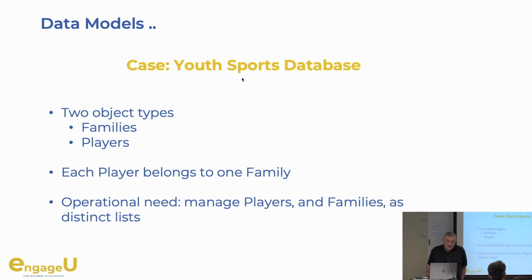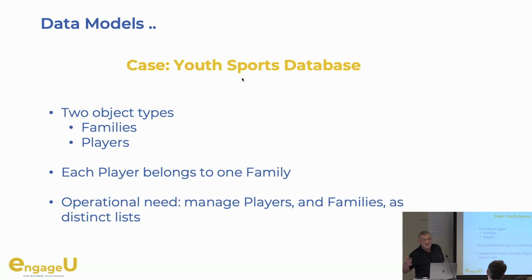And we have an operational need to manage players and families as distinct lists. You deal with players to enroll them one by one in programs. You deal with families to have them pay for things, to do marketing emails through MailChimp, and sort of general operations that might be player specific if there's only one player in the family, but it's a different operational process to deal with the families grouping and the players grouping.